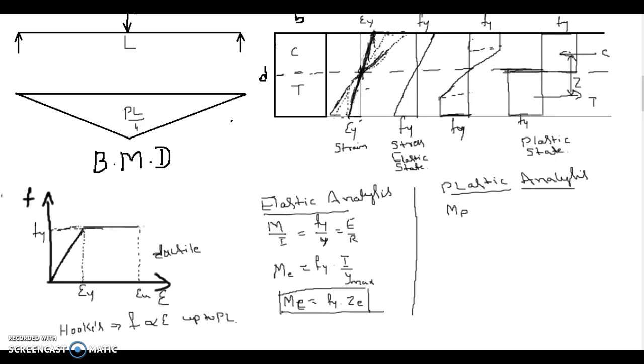That moment capacity is the plastic moment capacity. Now Mp is equal to C into Z or T into Z.